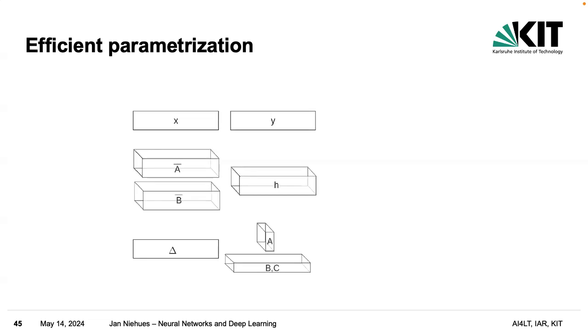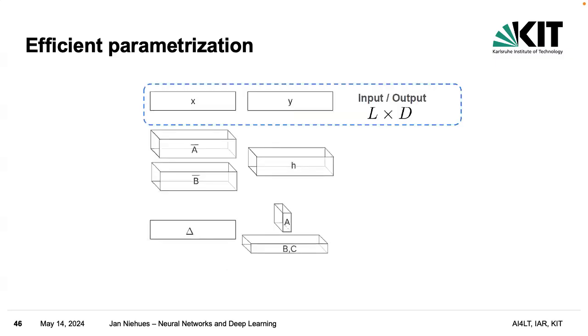So it makes sense to first have a look at how big these are. If we think of our X and Y's, they depend on the length of your time series and on the dimension of your input and output. For simplicity, assume that the dimension is the same.